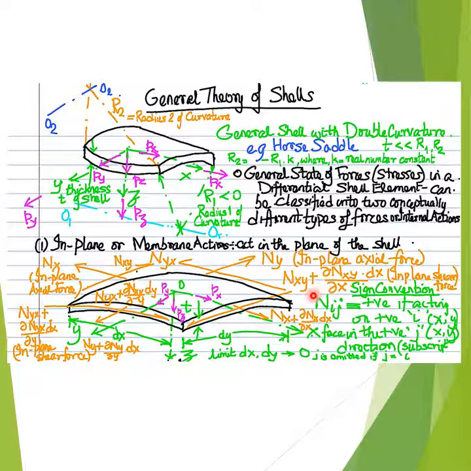In general, the notation capital N subscript ij denotes an in-plane internal action N acting on the i face of the differential shell element, for example the x face of the differential shell element, in which case i will be x, and subscript j signifying the direction of the internal action.